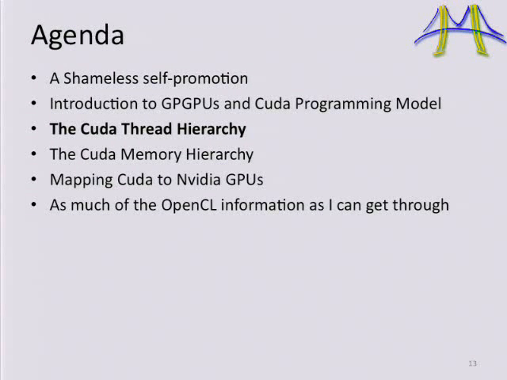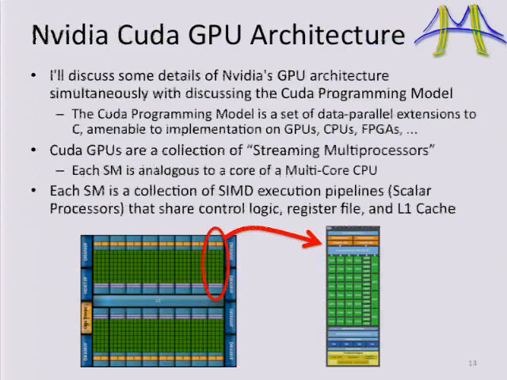So moving on, I'll tell you now about the hierarchy of threads you can specify, so essentially explaining that triple angle bracket syntax. The CUDA programming model is, to some degree, independent of the actual GPU implementation of it. There actually exist in research, mostly at UIUC, compilers that will take CUDA code and run it on multi-core CPUs.